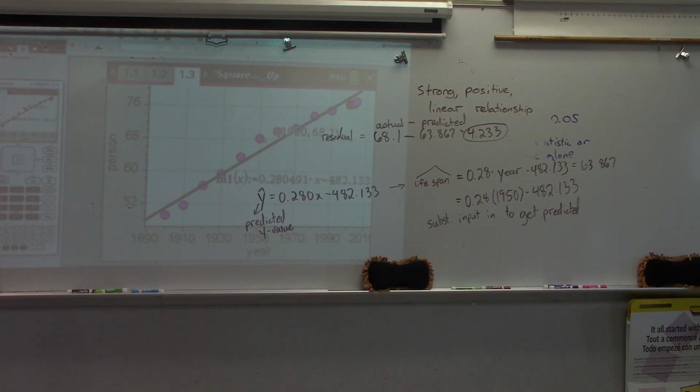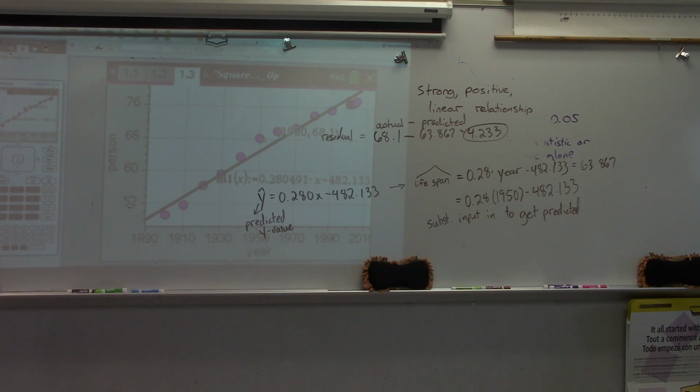It's not a super big deal, but we should all be somewhere around 62 to 64. Yeah, 62 is fine, that's close enough. For 1950, you're pretty close to 66, 67 probably.